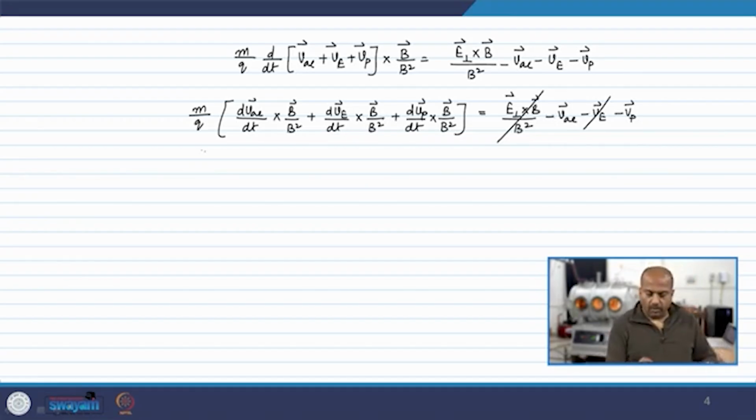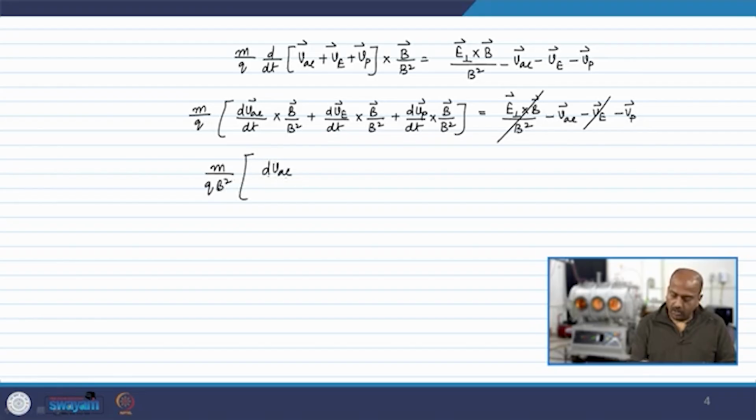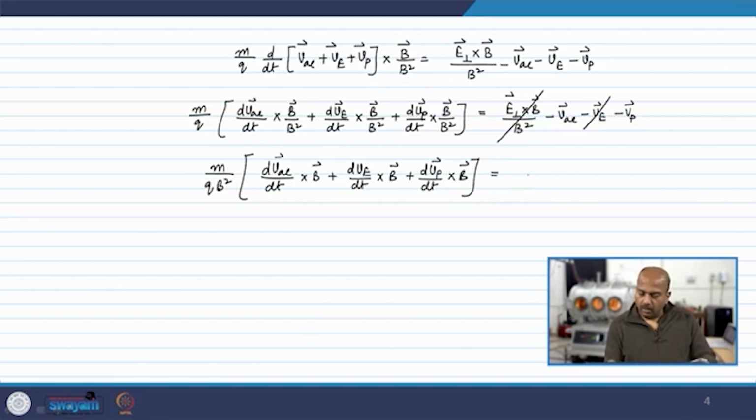Now what we have is m by q B square times dV_AC by dt cross B plus dV_E by dt cross B plus dV_P by dt cross B is equal to minus V_AC minus V_P.